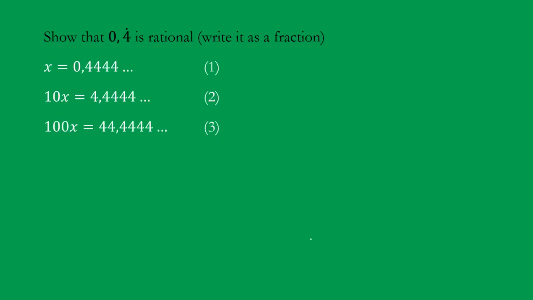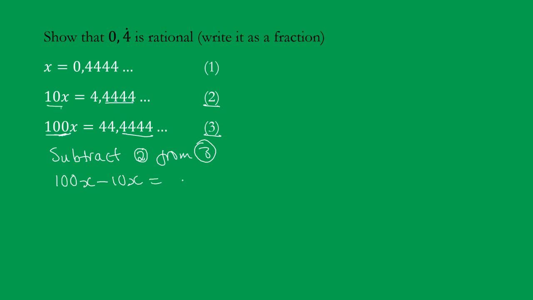Okay. We could have used equation 2 and 3 because they have the same decimals after the comma. Let's subtract 2 from 3. Okay, what we get? 100x minus 10x is equal to 44,444 minus 4,444 recurring.